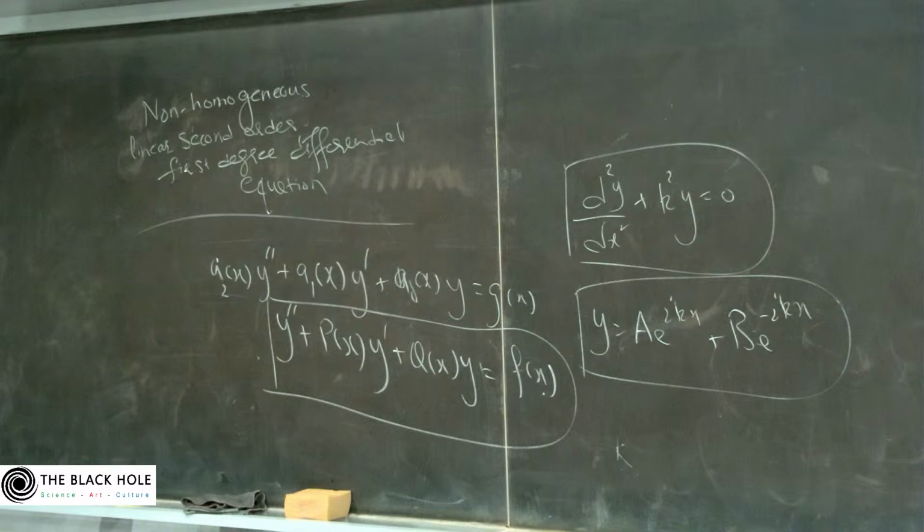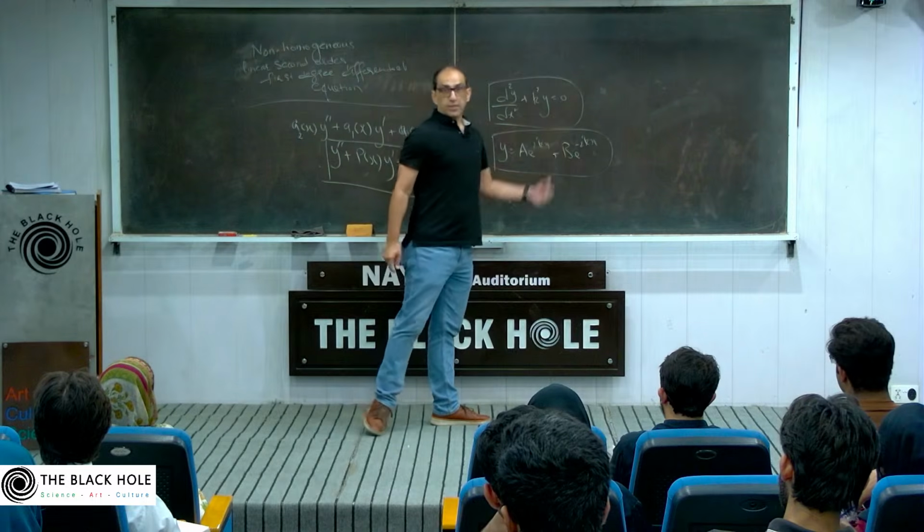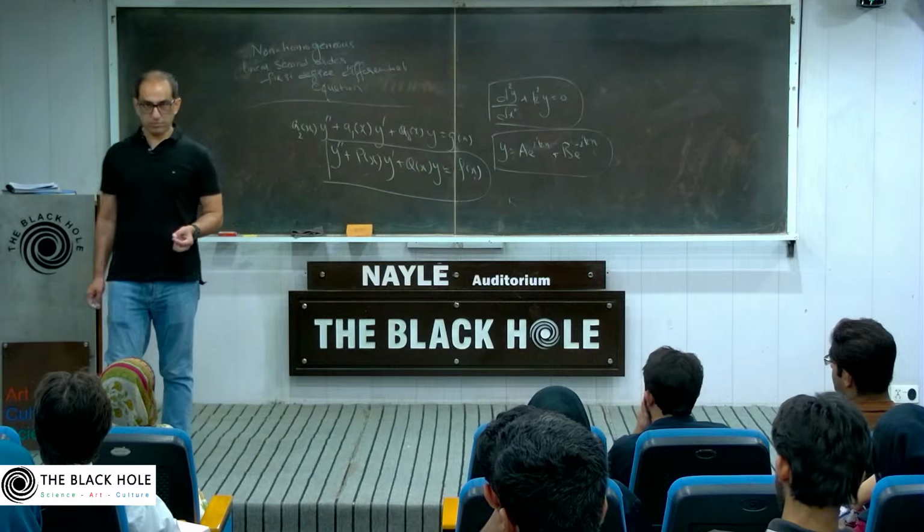Natural response of a system. Okay? So those of you who are not familiar with this terminology, you should acquaint yourself with it, because this is what it means. There is nothing on the right hand side. So this is the natural response of the system.